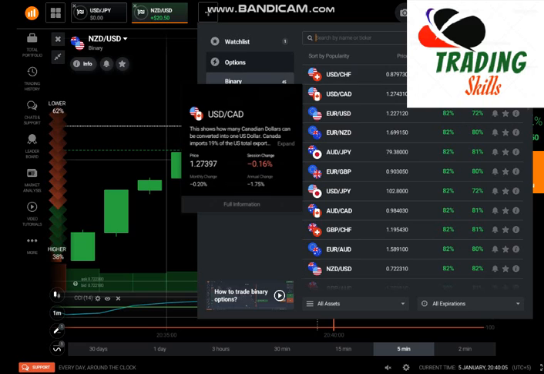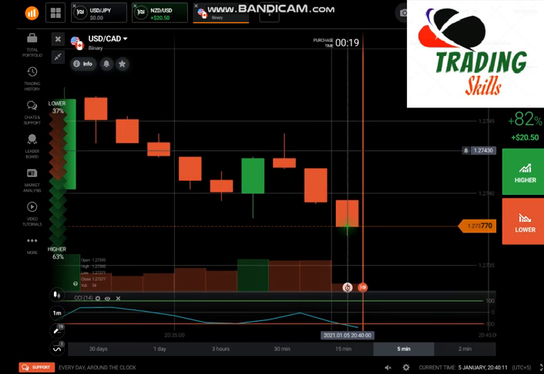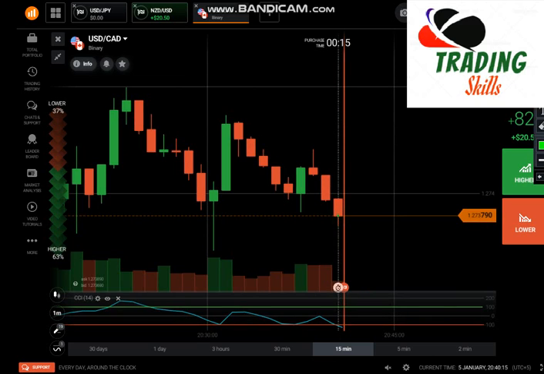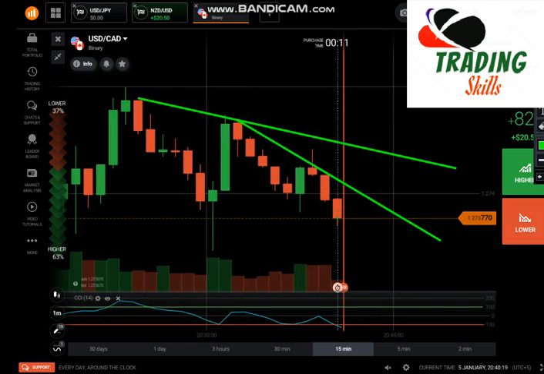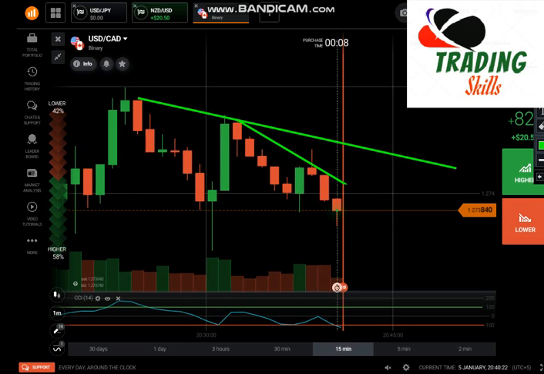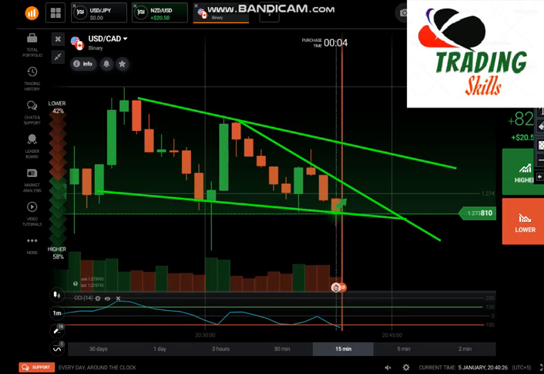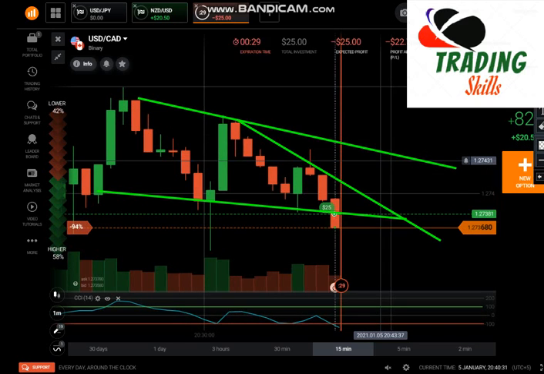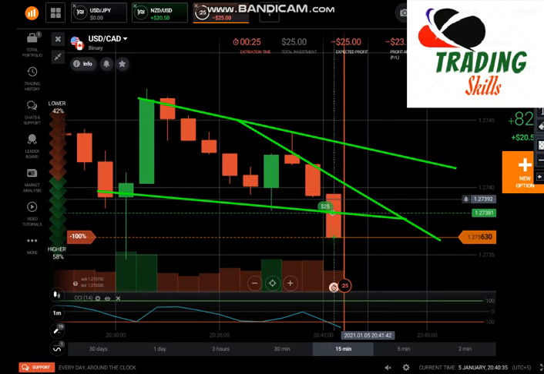So now if I analyze the market USD CAD, let's see what's going on. Okay, so now you can see from this point to this point and from this point to this point, this area is an area. So now I can take a trade with a margin of safety, so I took my trade in an up direction from this point.